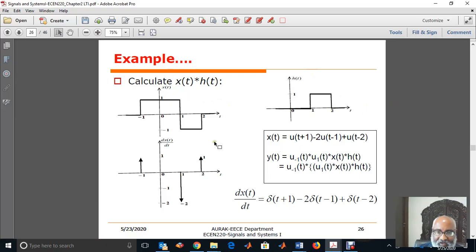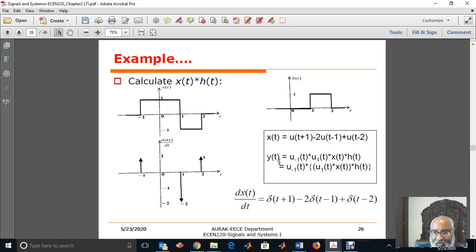I can write x of t in terms of unit step functions. You can check this. It means u of t plus 1, which starts at minus 1, minus 2 times u of t minus 1, which starts at 1, remember, minus 2 here, plus u of t minus 2. This first unit step starts from minus 1, this one starts from 1, and this one starts from 2.